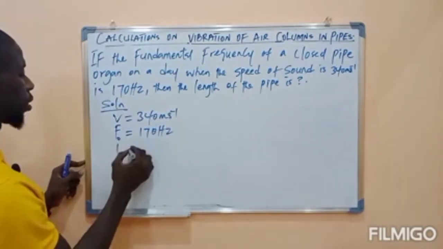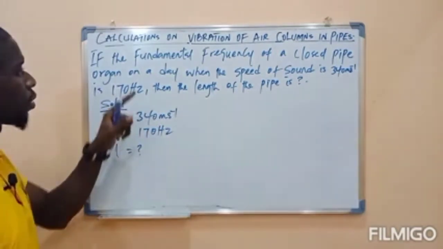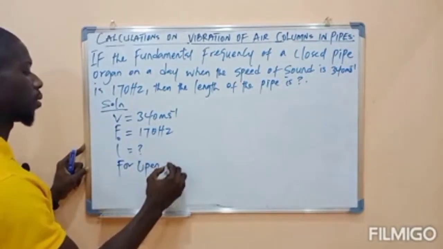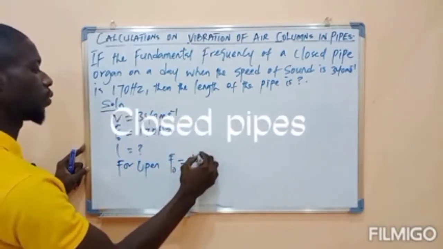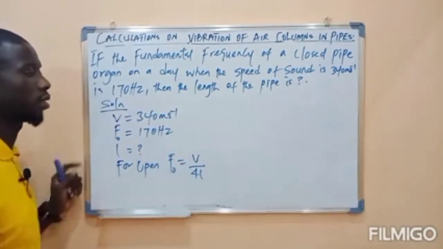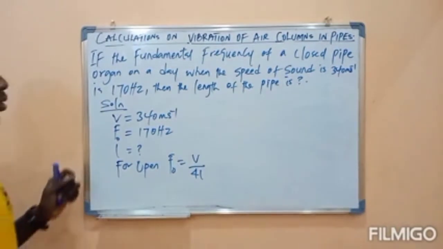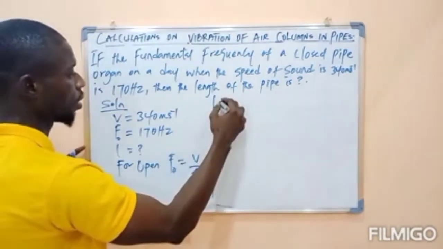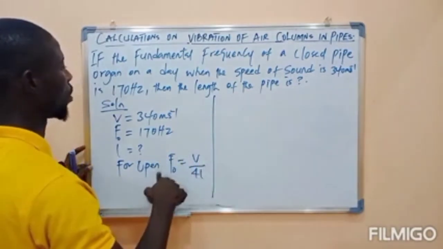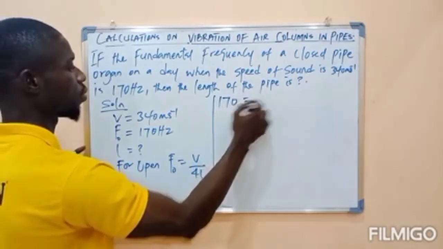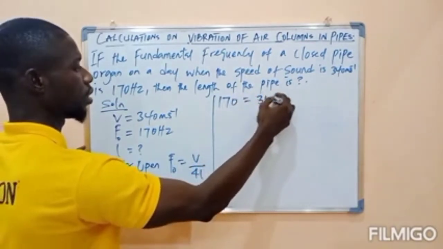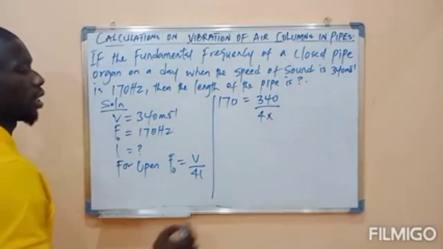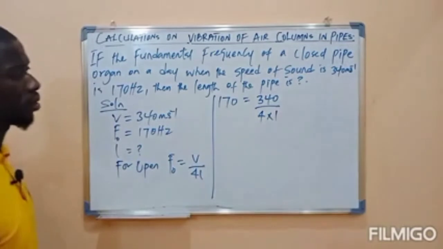You're looking for the length of the pipe, which is not given. Since it is a closed pipe, we have F0 equal to V over 4L. Correct? So bring out your formula. The next thing is to input your values. I have 170 is equal to V, the velocity, 340 over 4 multiplied by the length. Is that clear?